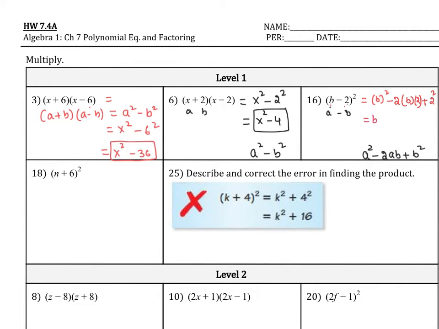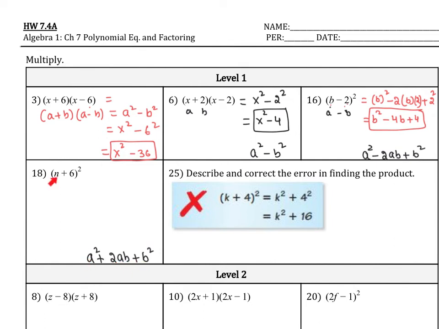Rewrite this: b² − 4b + 4. Do not get confused with the letters, because in the formula it's also a and b, and here also there is b in it.